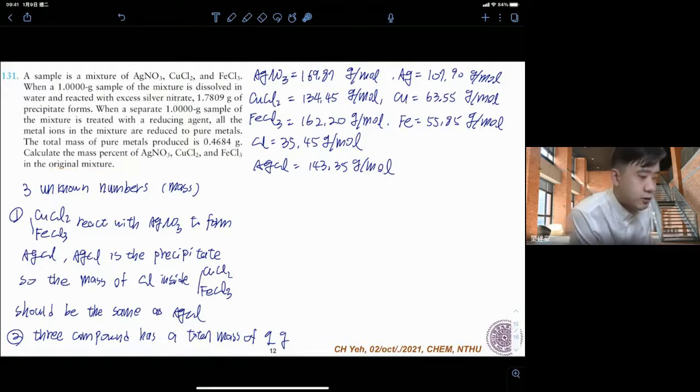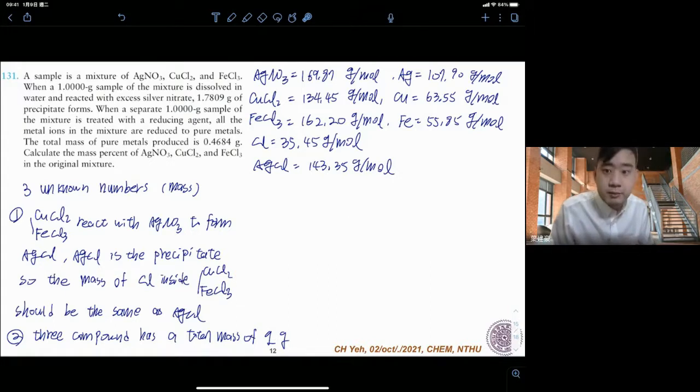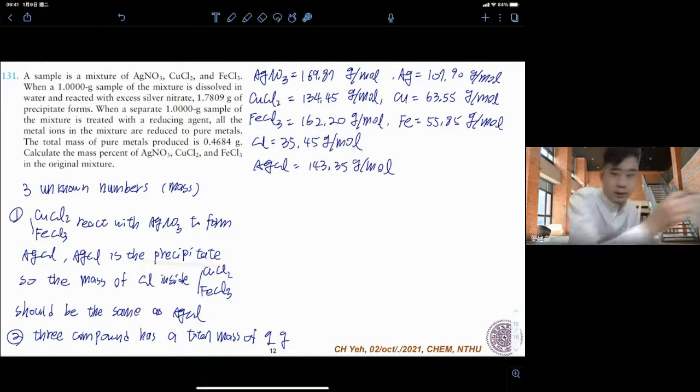So this question is actually not that difficult, but it has to use the calculator very wisely, because we have 3 unknown numbers, which are x, y, and z. We don't know what these numbers are. So let's take a look at the scenario again. 我们来看一下这个情境是怎么回事。再看一次。When these two react with this and form silver chloride, this is the precipitate. The important thing is we have the total mass of the precipitated silver chloride. Is that clear?